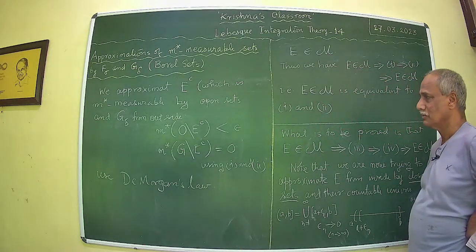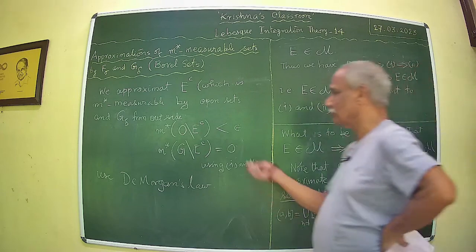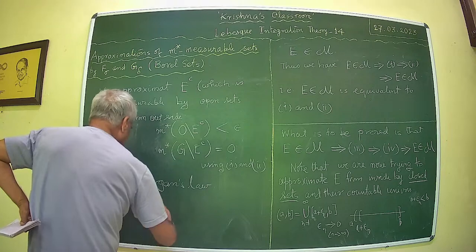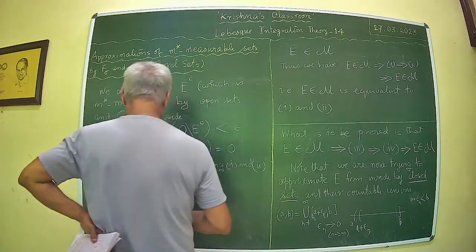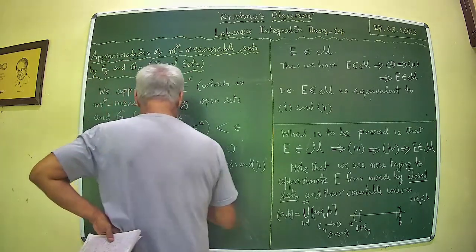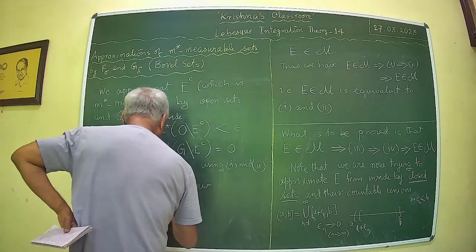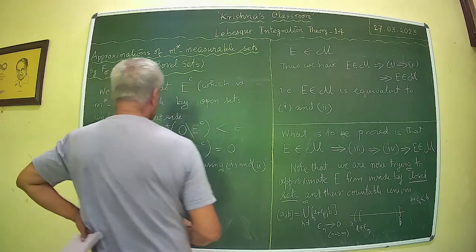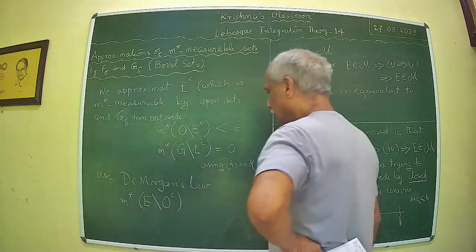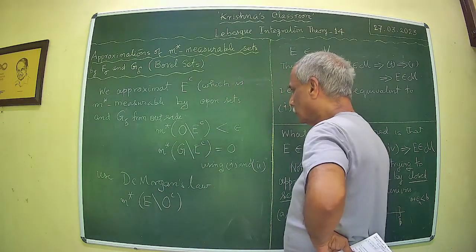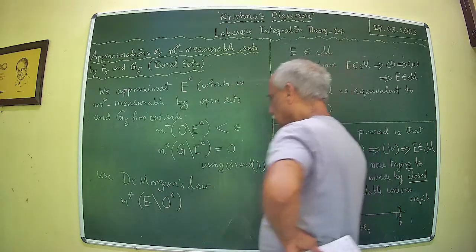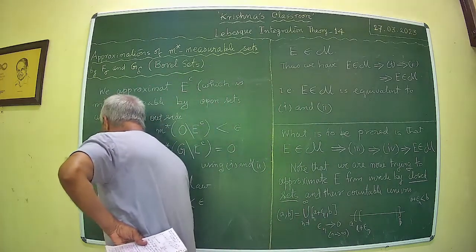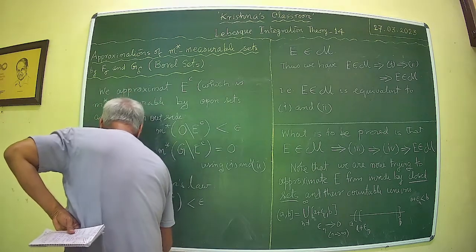So you can show that M star of E slash O complement is less than epsilon.